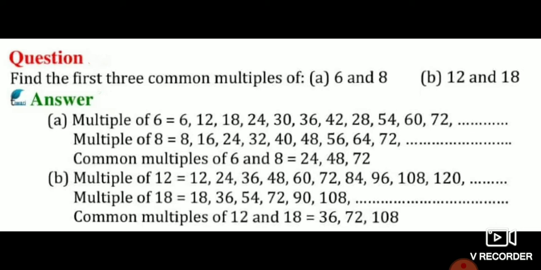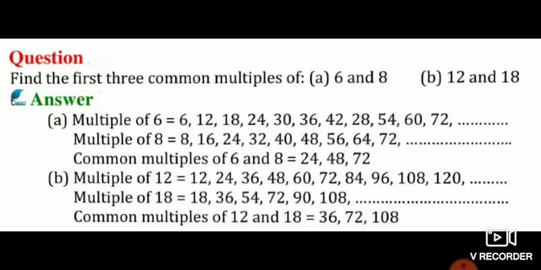Therefore 72 is a common multiple of both 12 and 18. Next one, 108. 108 is present in both the multiples of 12 and the multiples of 18. Therefore 108 is also a common multiple of 12 and 18.